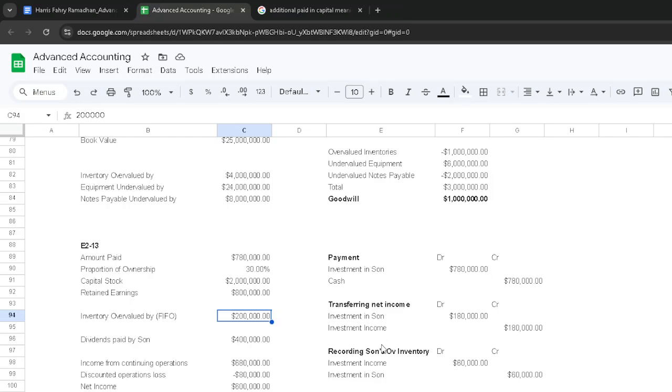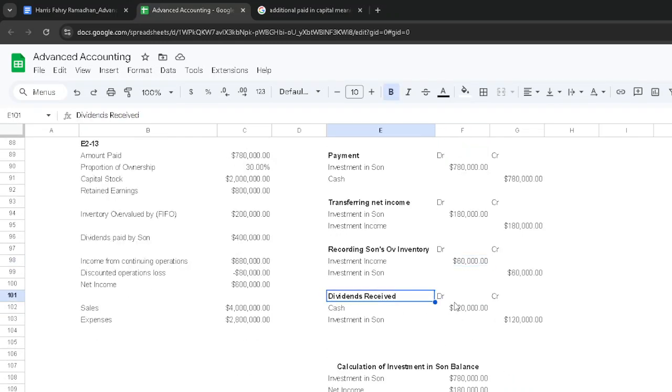The reason is that when we're buying a company, we own the company, and since we own the company, we own basically everything in the company, including their overvalued inventory that was sold out. And so we want to assign this to the Pop account using Pop's proportion of ownership in the Sun company. Since we have 30%, the same as before, we want to multiply this by 30%, and then we should get 60,000.